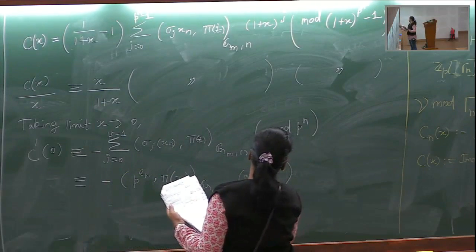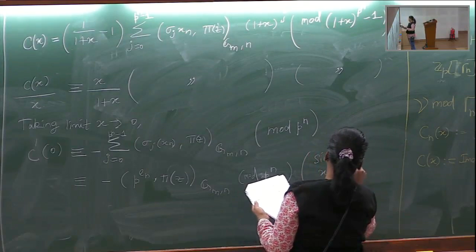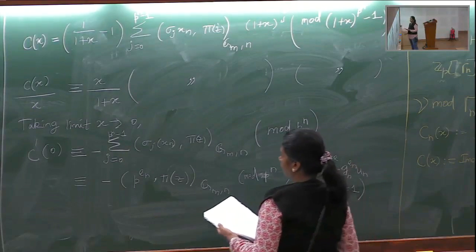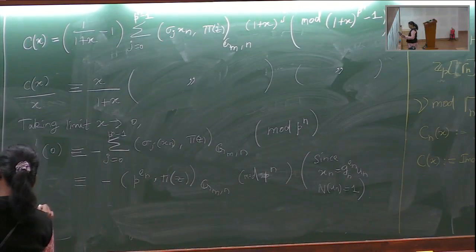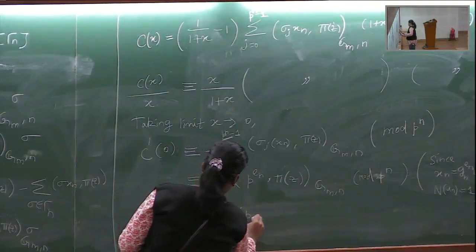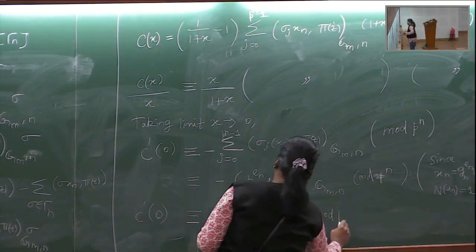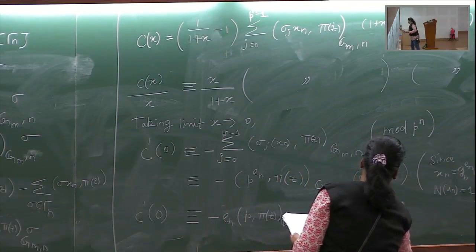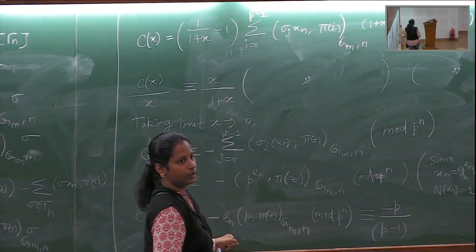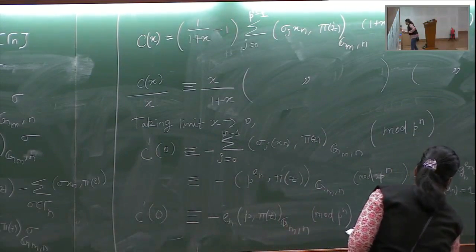Here, mod p to the power n. Here I am using the congruence relation which I wrote at the beginning of the talk, e_n is congruent to minus p by p minus 1 log times the topological generator.